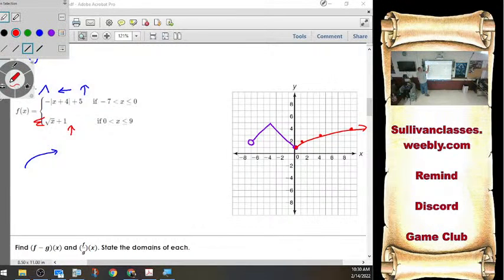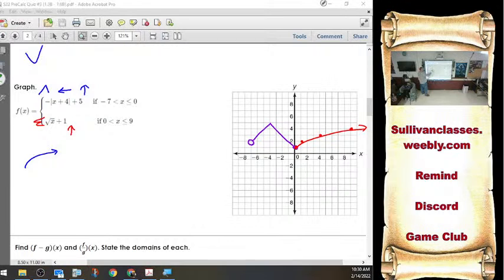And then I come along and say, I only care about it from 0 to 9. So I'll put an open circle here, closed circle here, and I'll get rid of everything else that doesn't matter.